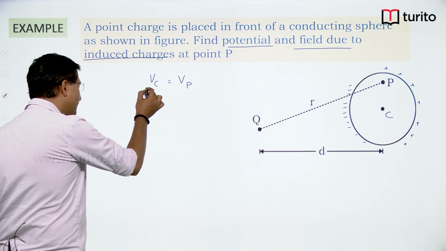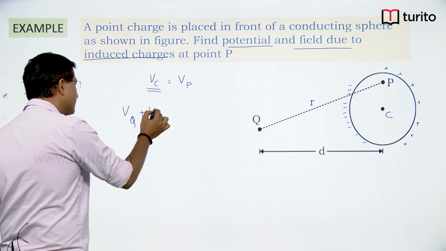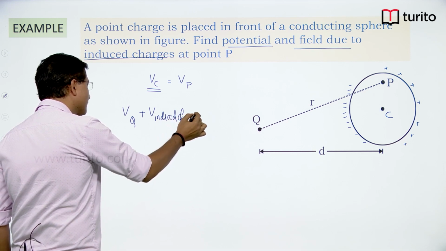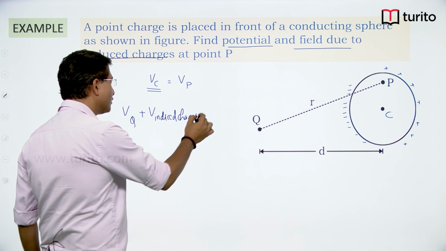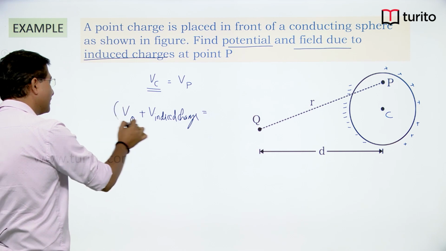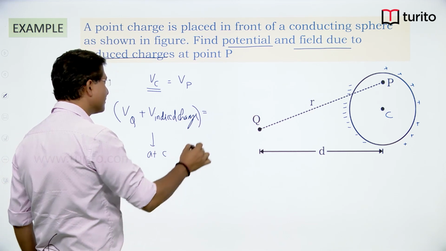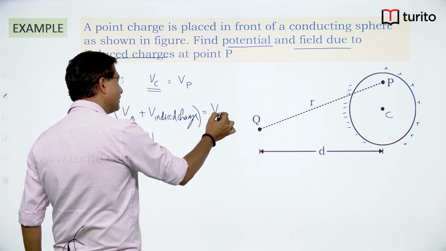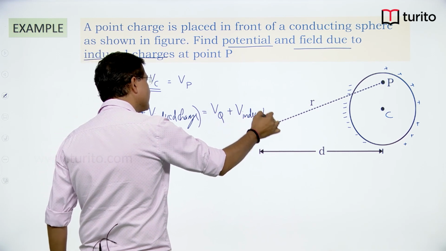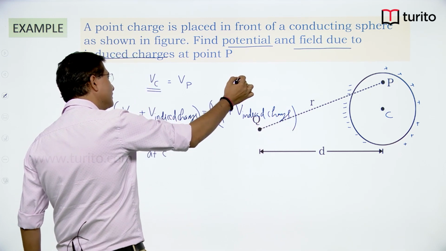So potential at C, potential due to charge Q plus potential due to induced charge will be equal to potential at P. So this I am writing at C, and similarly the same thing I write, potential by Q and potential by induced charge, at P.